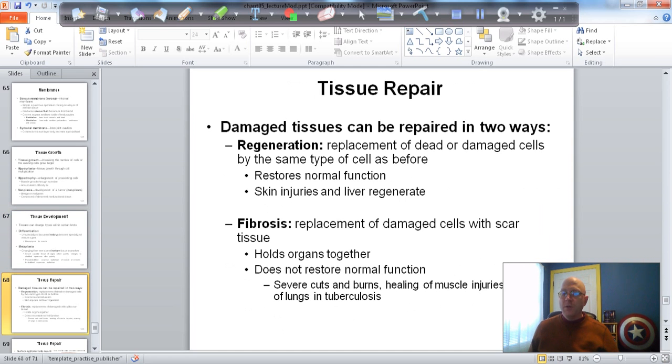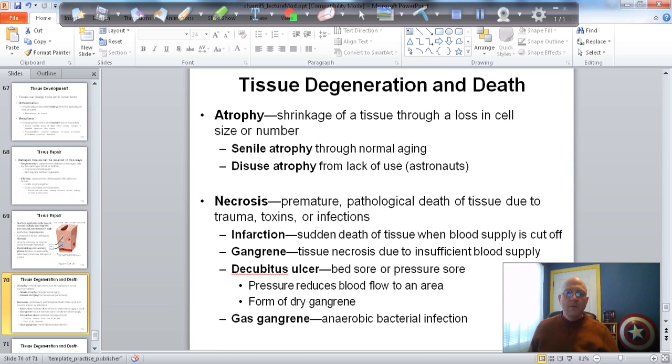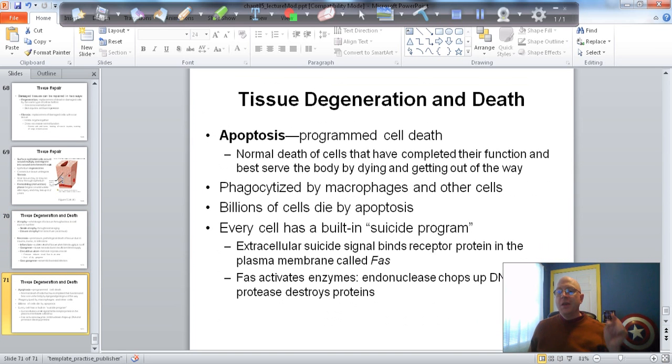Tissue repair, regeneration, replace damaged cells with the same cells; fibrosis, replace damaged cells with fibrous proteins and not living cells. And so you get scar tissue. Then there was the degeneration, death; atrophy, you don't use it, you lose it; necrosis, something external kills it; or apoptosis, you tell your own cells to die.